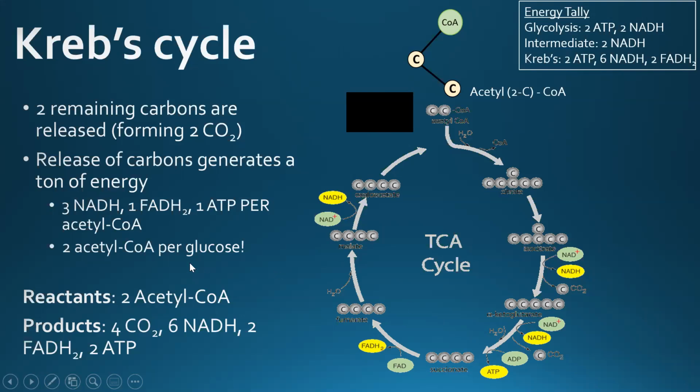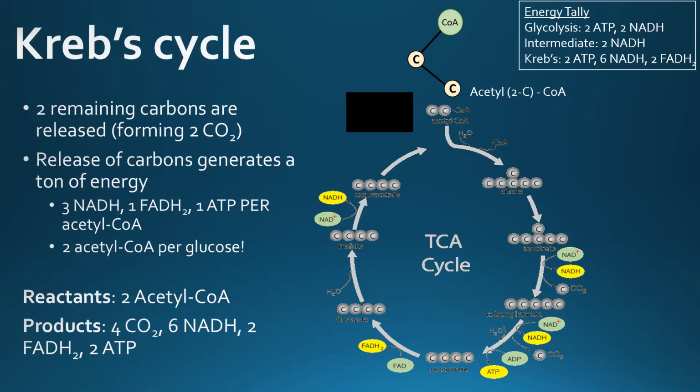So you're releasing the carbons and you're generating energy in the form of what? Electron carriers: 3 NADH, 1 FADH2, and 1 ATP. And that is per acetyl-CoA. How many acetyl-CoA molecules are going into the Krebs cycle? 2, because you had 2 acetyl-CoA per 1 glucose molecule.